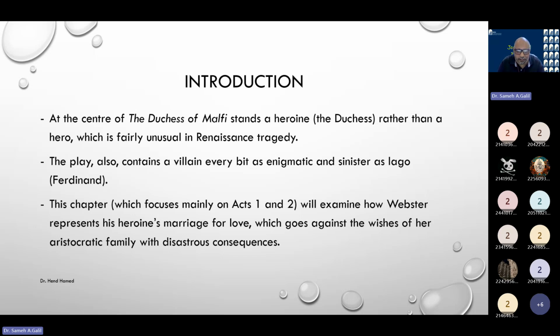The two of them are very enigmatic. The two of them are evil, except for the fact that Bosola is more philosophical and more profound. Again, the basic idea is that we have the heroine getting married for love, and obviously this goes against the wishes of her aristocratic family, and that would lead to disastrous consequences, as we are going to see.